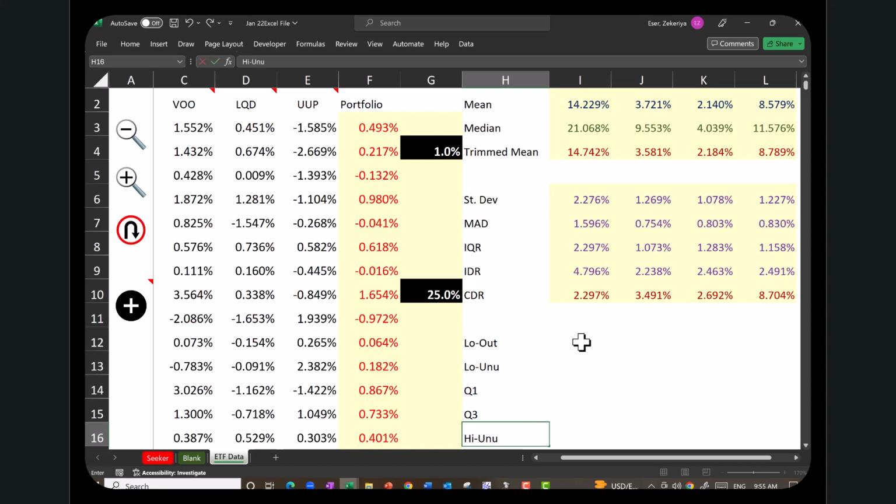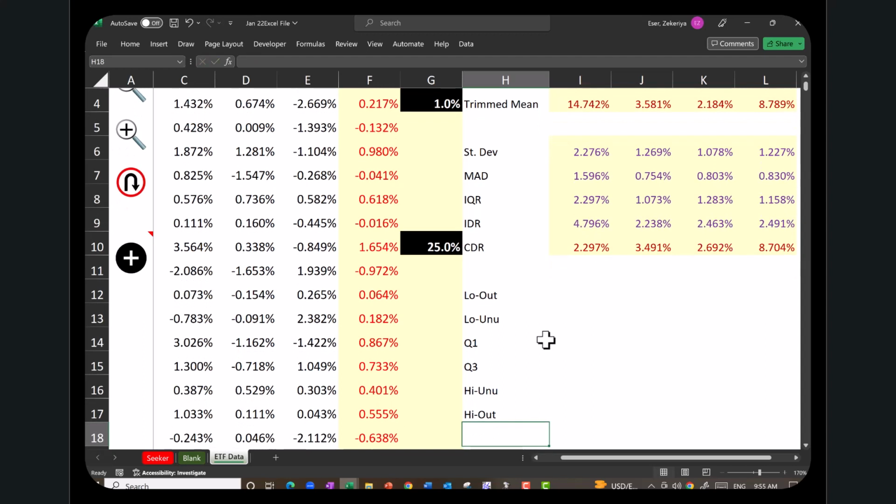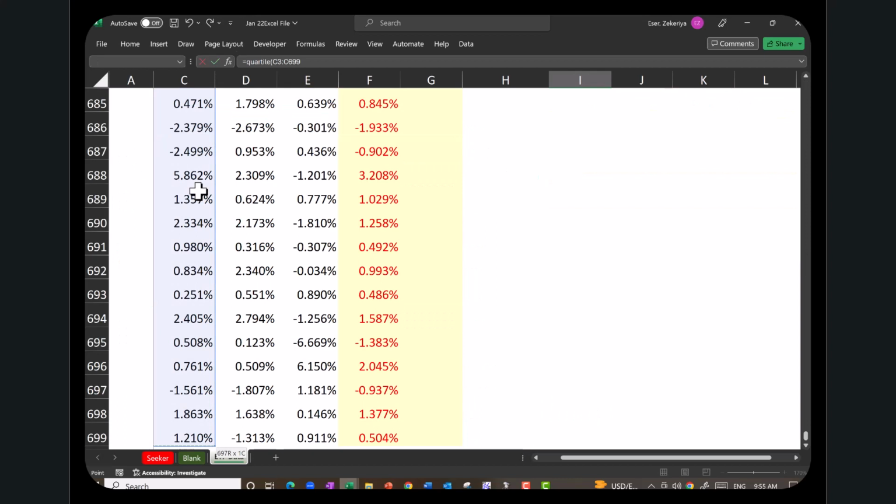High uno, high out. Quartile, all of that. I'm going to hit F4, but I'm going to hit it once more so that I fix the rows but leave the columns.